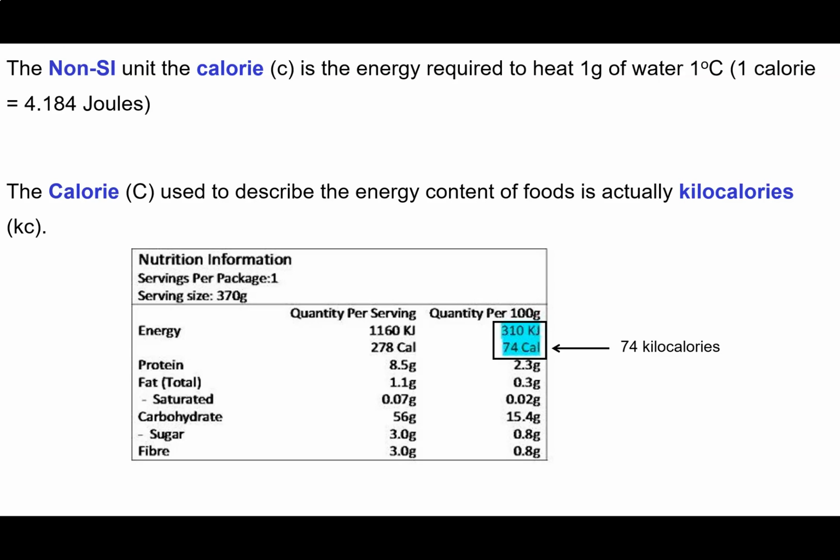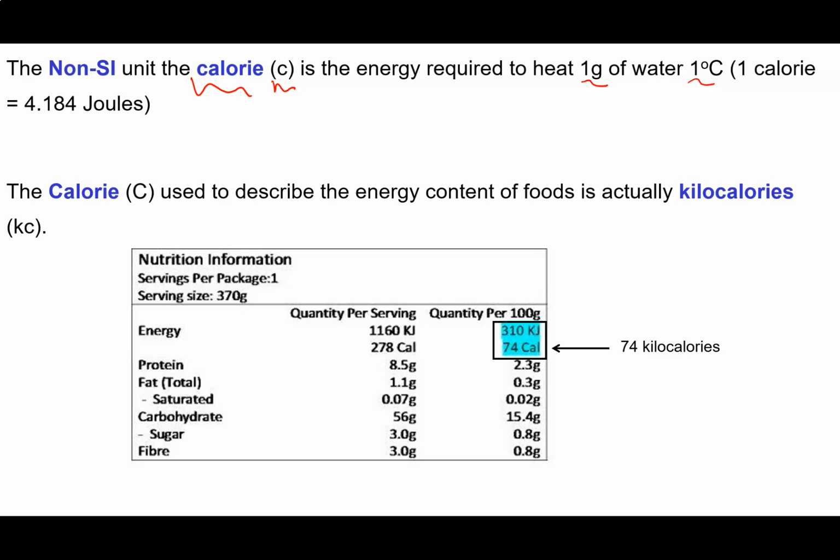So, what are our units for energy? Well, there are some non-SI units, and perhaps the most common one is the calorie, normally indicated with a lowercase c. And the calorie is the energy required to heat 1 gram of water by 1 degree Celsius. So it's almost an SI unit, but not quite, right?